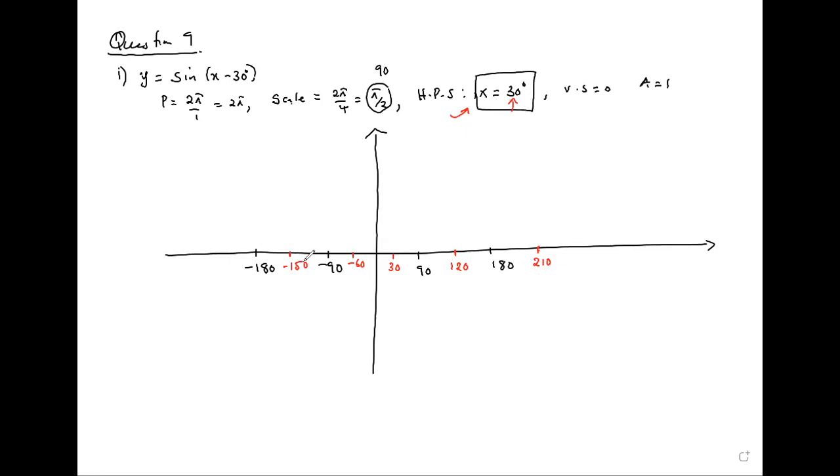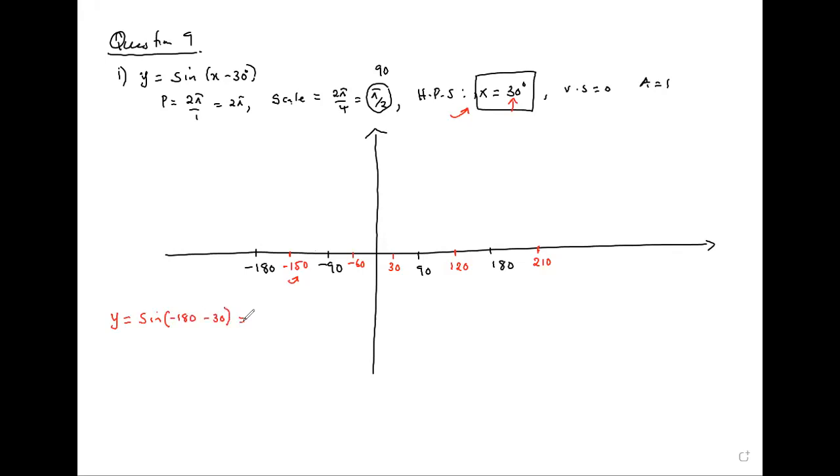Okay, so we now have y is equal to sine, and now substituting. If you wanted to get this, you'd say, okay, negative 180, what is y? Sine of negative 180 minus 30.